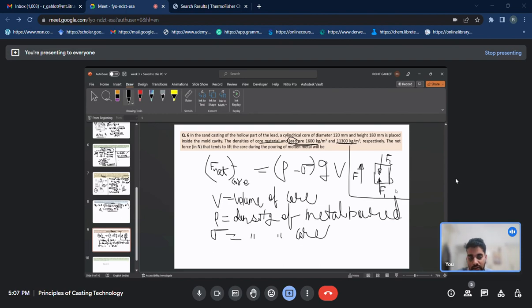The first force, you can directly write F1 is equal to m into g, which is mass times the gravitational acceleration, and mass you can write in terms of rho into V, density times volume. And from here you will be getting F1 minus F2.